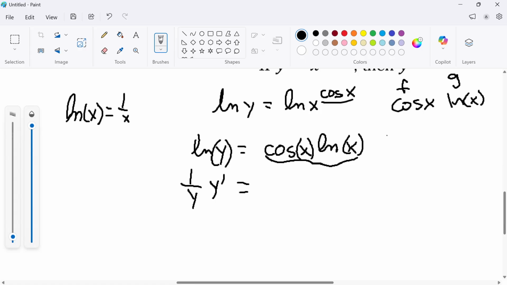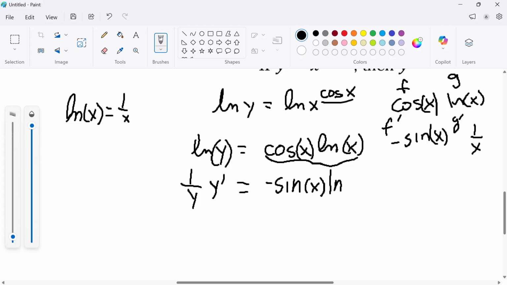Then f prime is negative sine x, and g prime is 1 over x. So f prime times g plus g prime times f is negative sine of x times natural log of x plus 1 over x times cosine x.